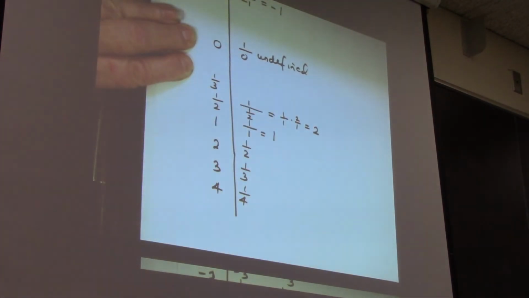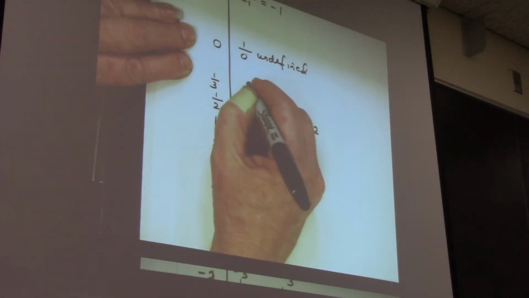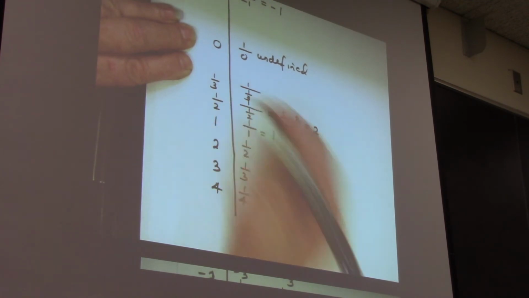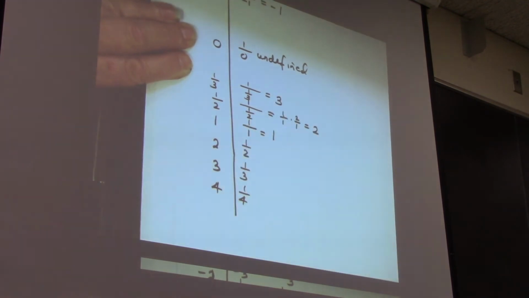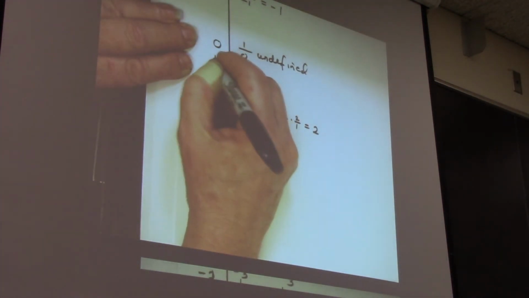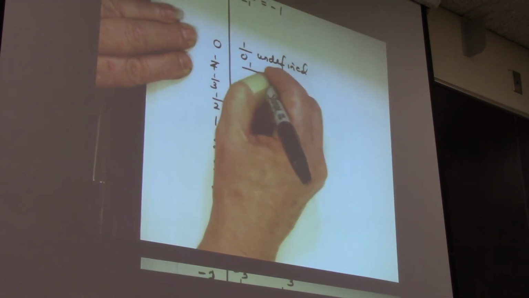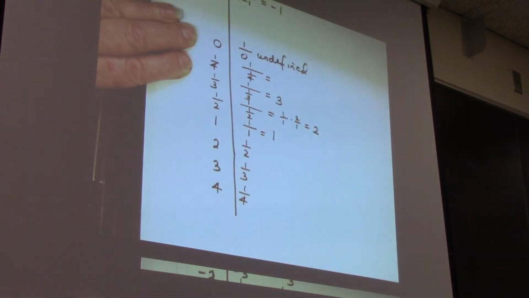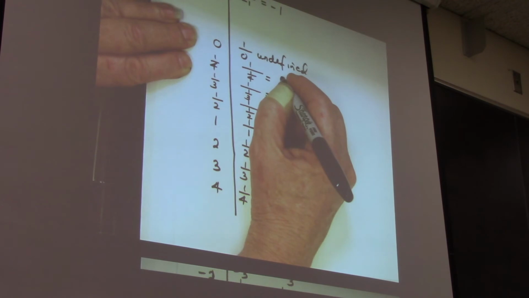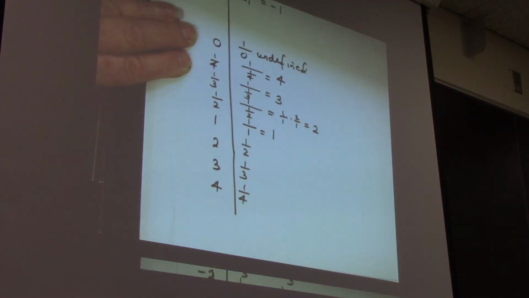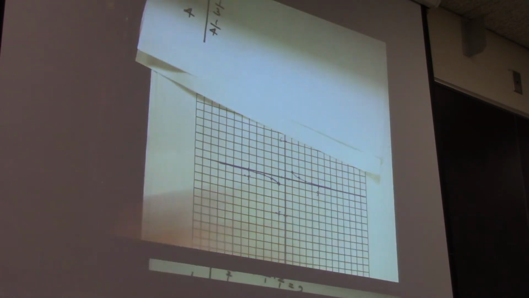When, say, x is 1/3, y is 1 over 1/3, which is 3. When x is 1/4, y is 1 over 1/4, which is 4. Okay, so let's look at those points, and then I'll do it on the other side.